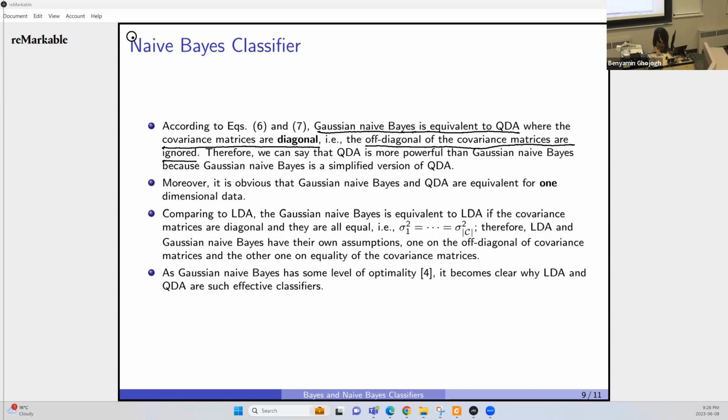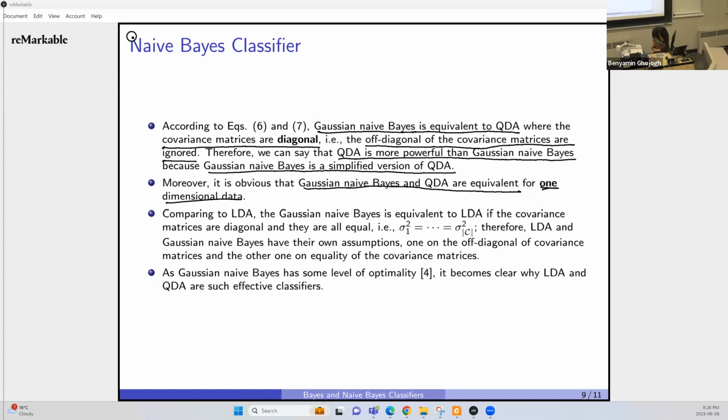Therefore, we can say that QDA is more powerful than Gaussian naive Bayes because Gaussian naive Bayes is a simplified version of QDA. Right? Okay. Moreover, it is obvious that Gaussian naive Bayes and QDA are equivalent for one-dimensional data. If we have only scalar data, they are equivalent.